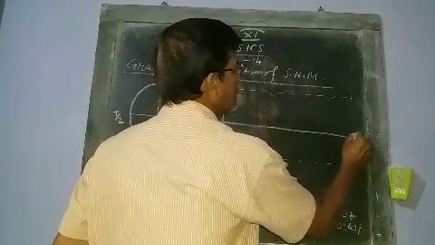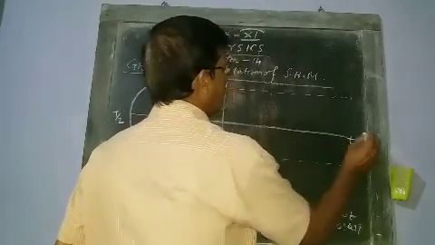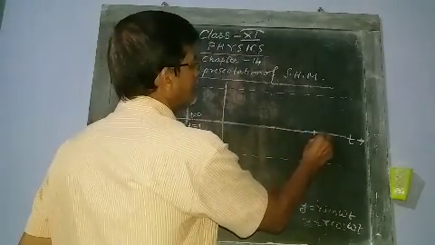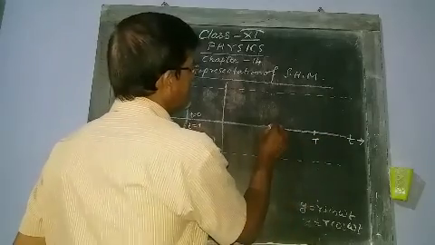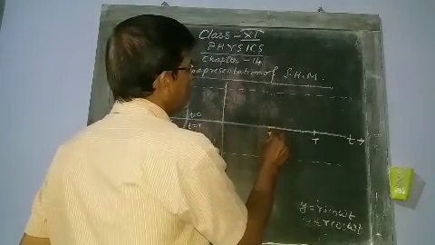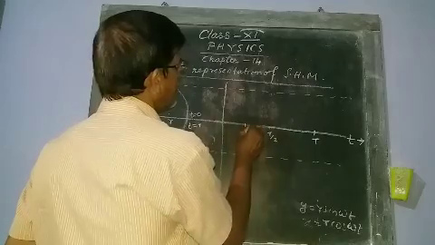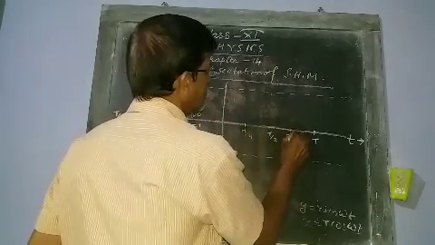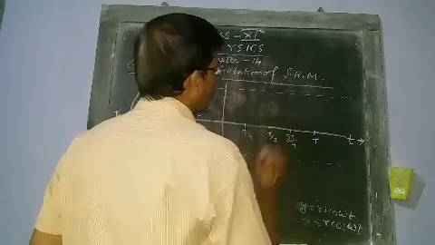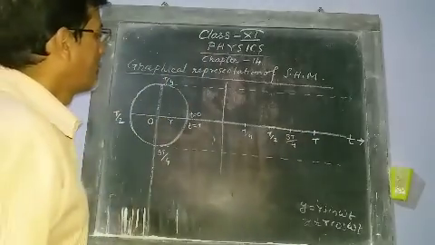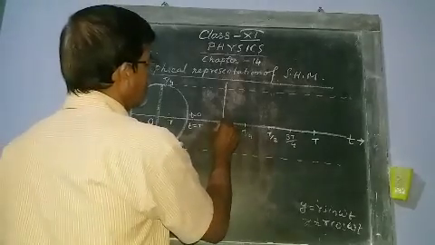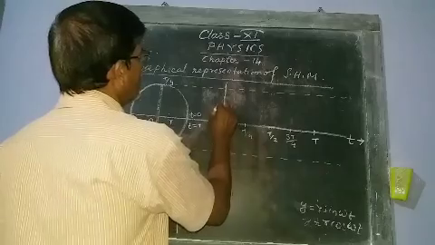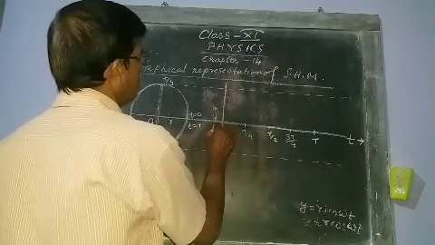In this direction, this is the time period T. This is T by 2, this is T by 4, this is 3T by 4, and this is zero displacement. In this direction, this is y displacement.